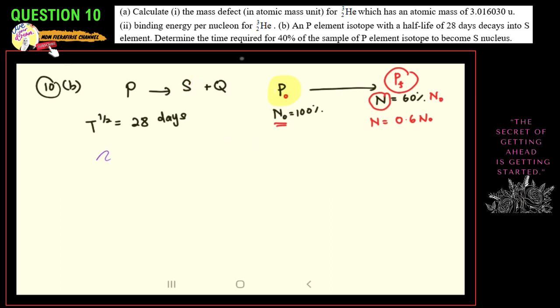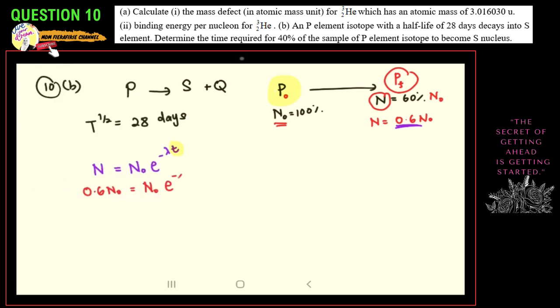So we can use equation N equal to N naught e negative lambda t. So yang kita nak cari tu, t. N is the number of nuclei for P, so 0.6 N naught, dia tinggal 60% daripada initial. N naught stands for the initial number of nuclei for P.